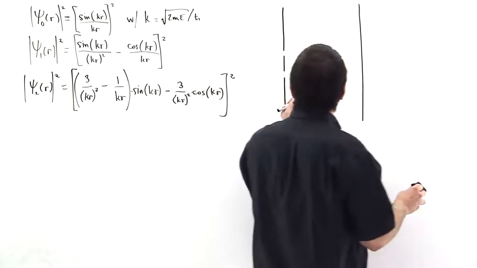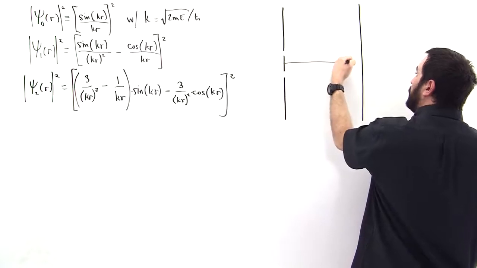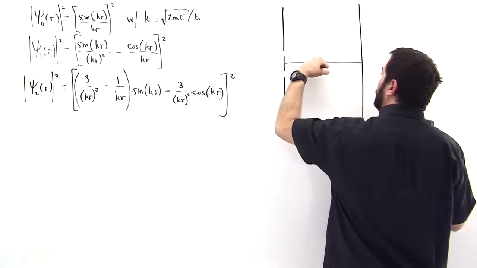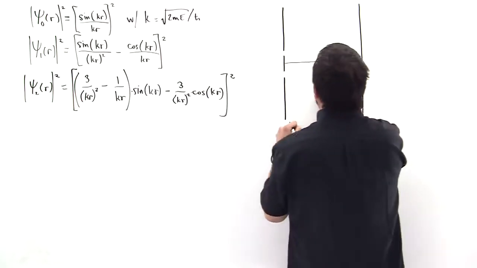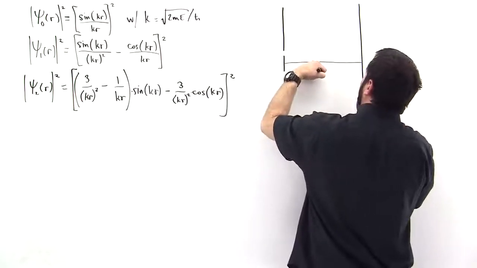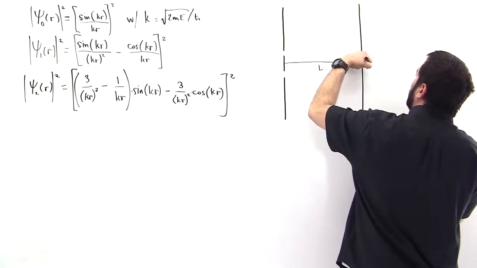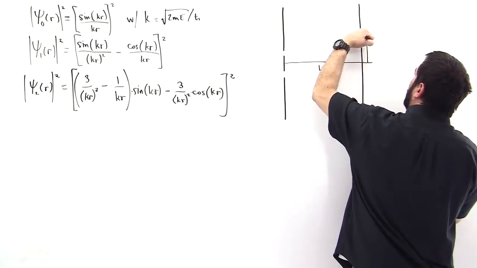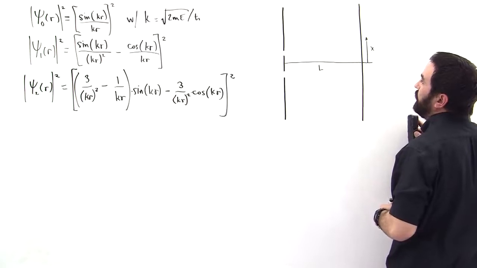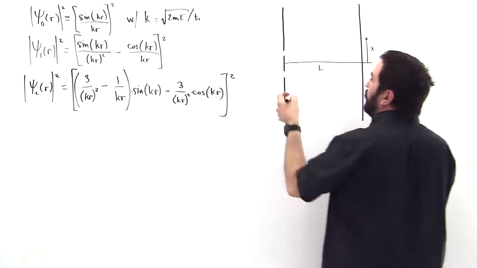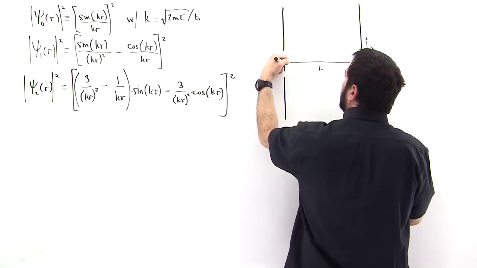And we let this be a distance away. Now this is different from my notes too, but let this be L. That's easier. And then let this distance here be x, like this. We're going to let this be our origin right here in between.